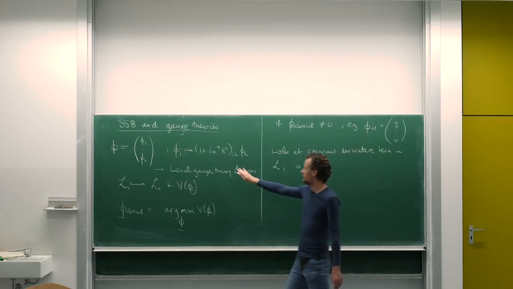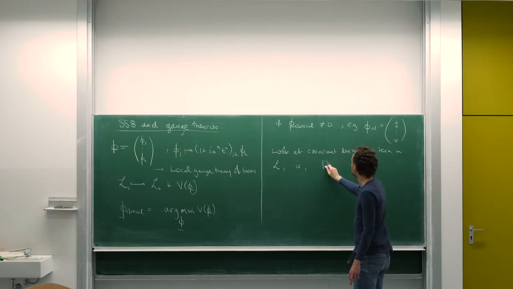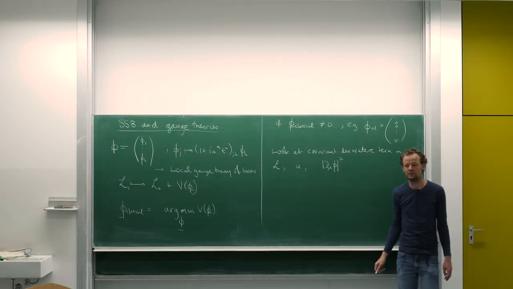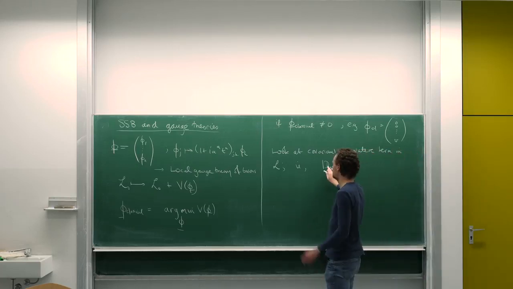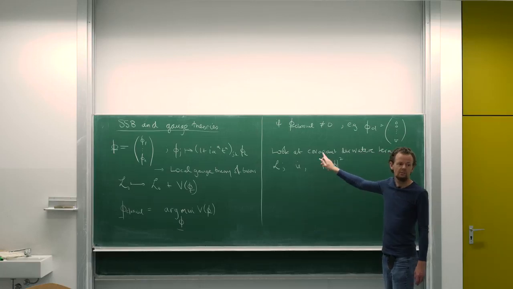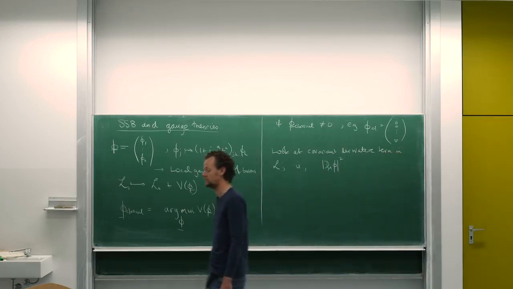In general, if you don't have a pure imaginary representation of this local gauge group, then you should use a slightly different kinetic energy term in the Lagrangian, namely the mod squared of D mu phi. That just means you have to add an extra complex conjugate, and that fixes up these minus signs that we encountered in the previous lecture.